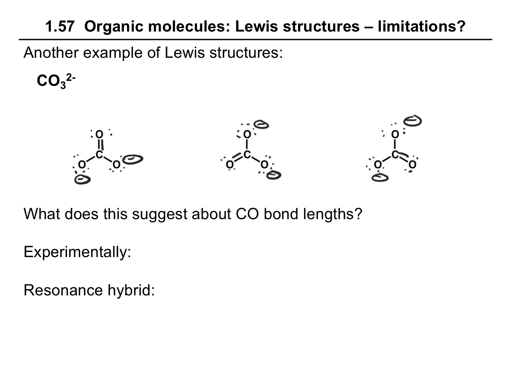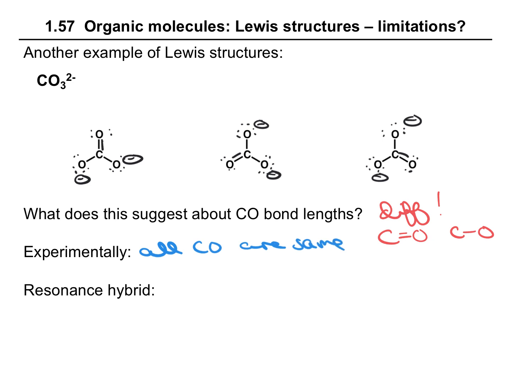The fact that this Lewis structure is drawn with a double bond and single bonds suggests that there will be different bond lengths, a shorter C double bond O and a longer C single bond O. But experimentally, all of the CO bond lengths in carbonate are the same.